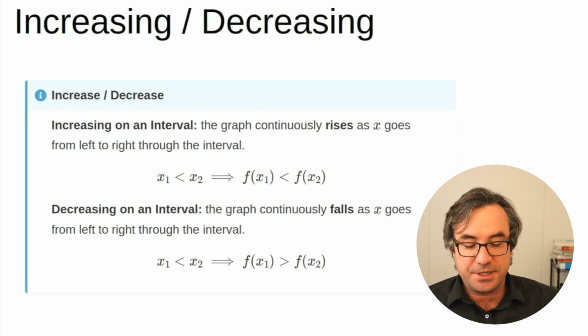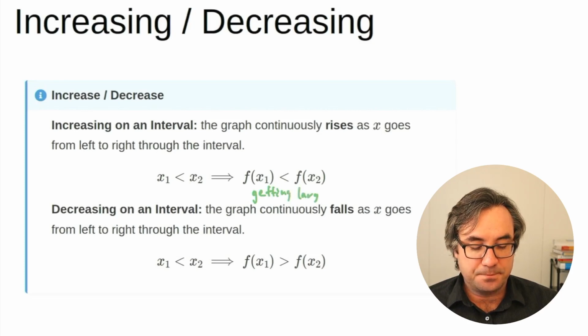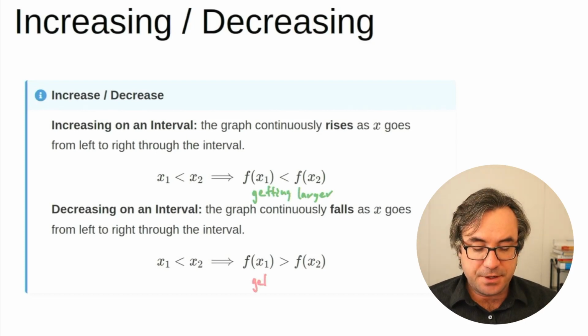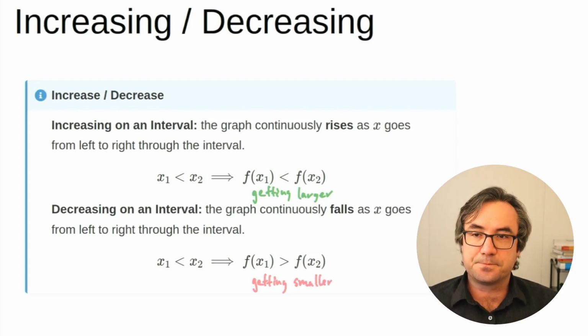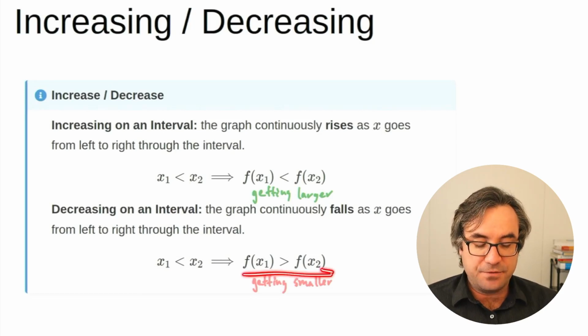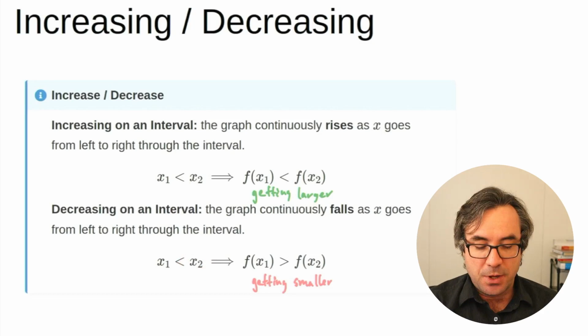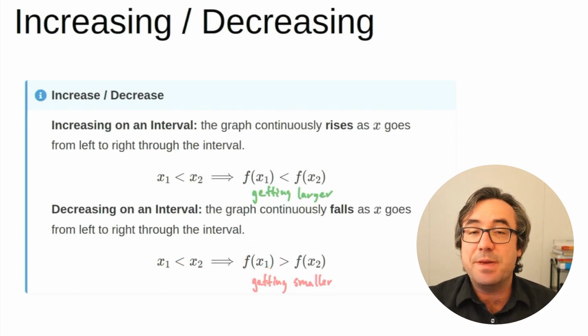So for increasing, the function values are getting larger, and for a decreasing function, the function values, as we read from left to right, are getting smaller. So if x1 is less than x2, or x2 is bigger than x1, then the function value at x1 is going to be bigger than the function value at x2.